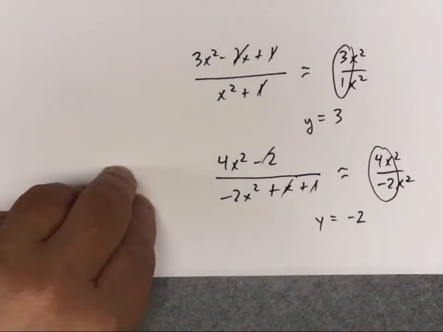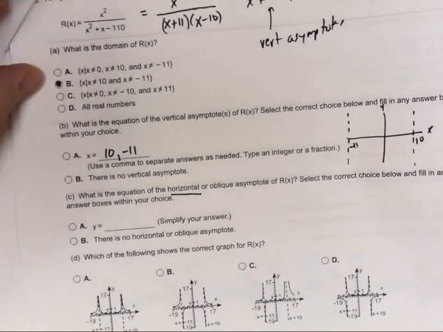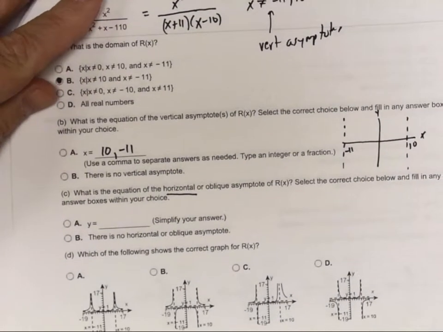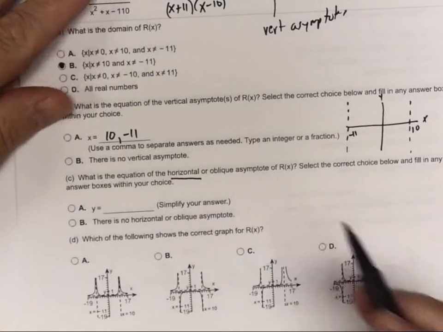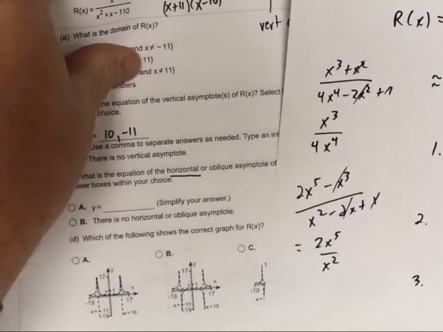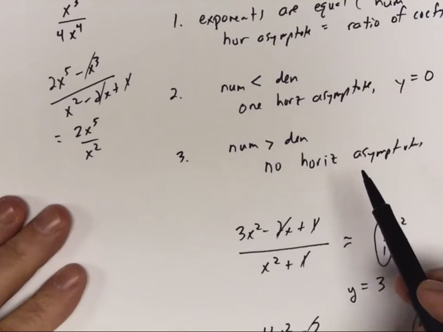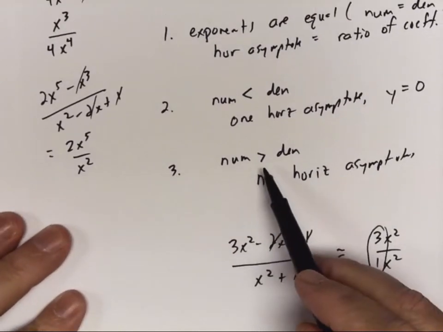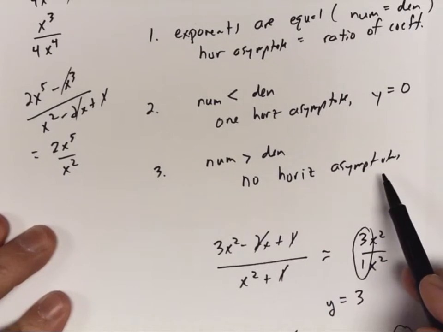All right, so that's all about horizontal asymptotes. So having gone over that, now let's go back to this one, because it said, what is the equation of the horizontal or oblique asymptote? Actually, let's go back here. I should have said this. We're really talking about horizontal asymptotes, but when you have the numerator larger than the denominator, I said there's no horizontal asymptotes.